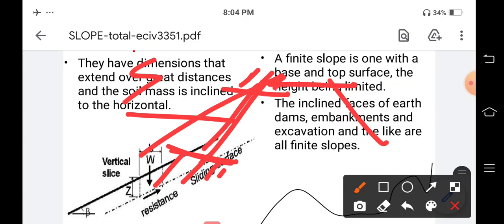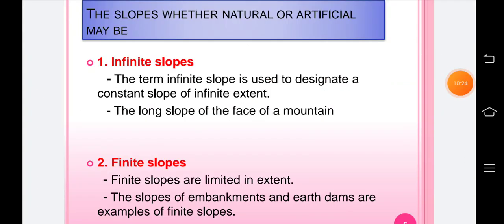The term infinite slope is used to designate a constant slope of infinite extent.